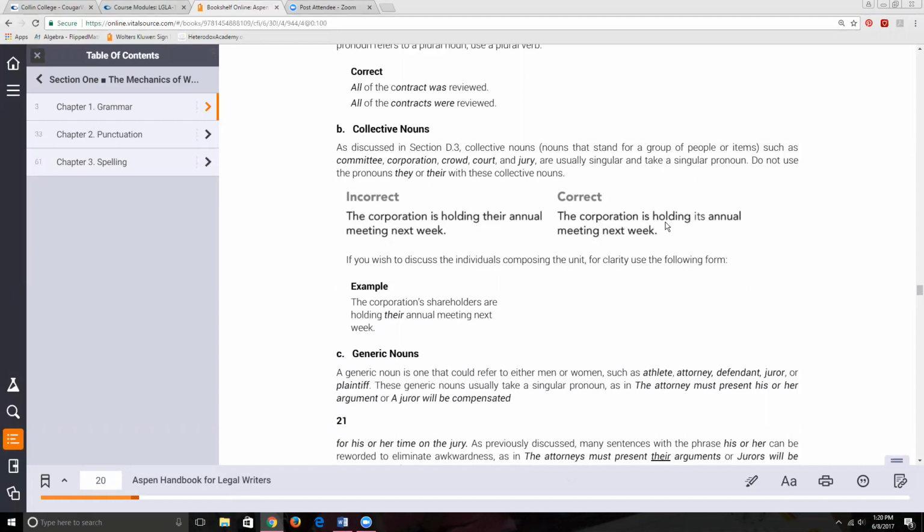Let me just read to you the two sentences, and you can see how many people would make this mistake. The corporation is holding their annual meeting next week. That doesn't sound that terrible to my ears. Let's hear it the other way. The corporation is holding its annual meeting next week. Okay, I mean, that sounds better. But still, I can imagine a smart, well-educated person saying their here. For whatever reason, we aren't as sensitive to this issue.